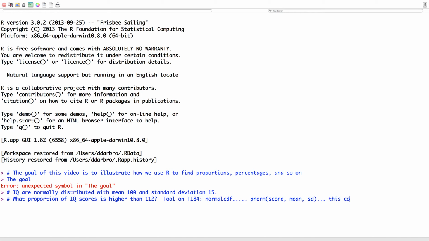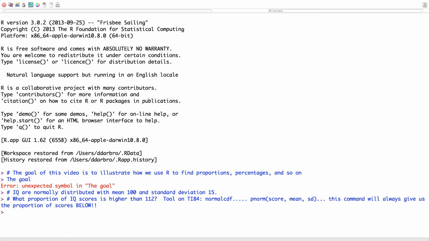This command will always give us the proportion of scores below. Every time, it will give us the proportion of scores below. Now, in the question we've posed, we want higher than 112.